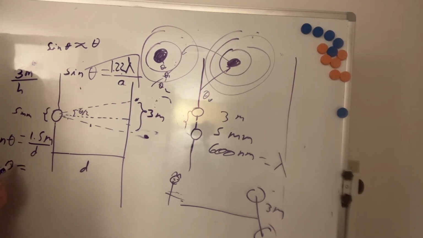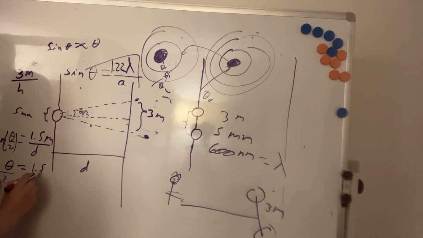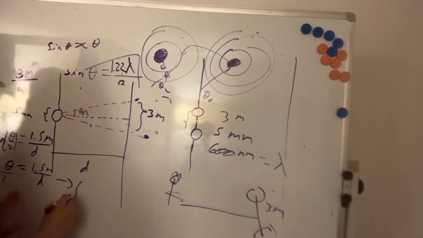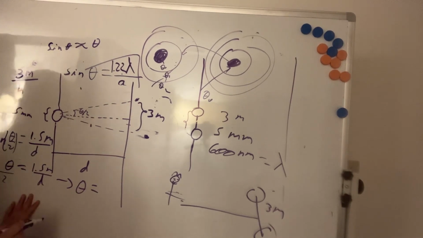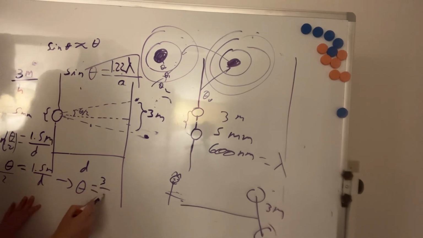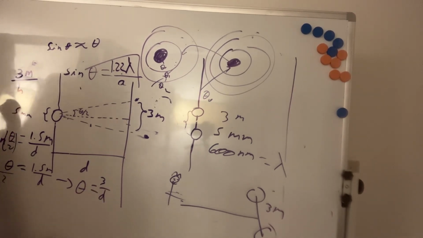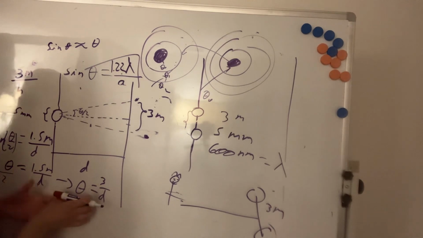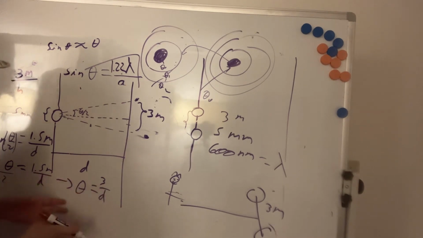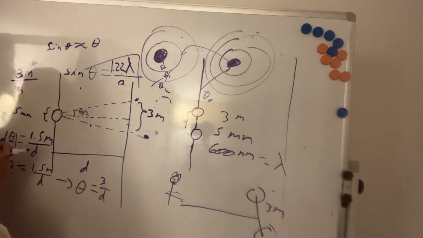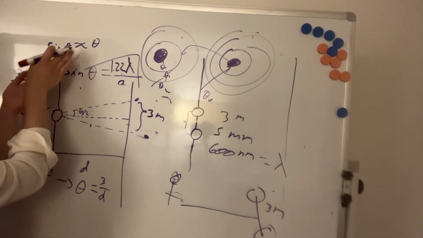So theta over 2 is 1.5 meters over D. So I have that theta is 3 over D. Now we have that theta is 3 over D. We could try to find the sine, but we know that by the small angle approximation, sine of theta is equal to theta.